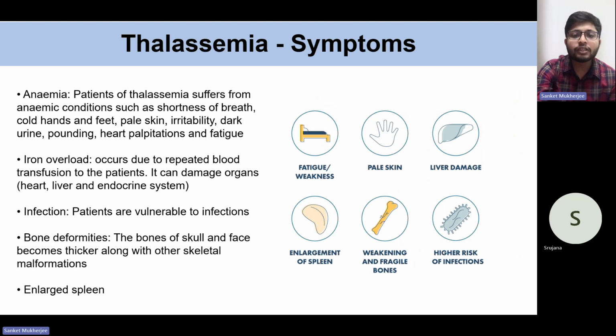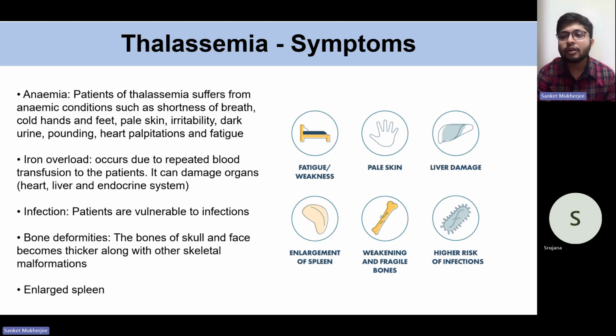Now, regarding the symptoms, it's very clear. It's anemia. So that happens due to loss of red blood cells, as simple as that. So there is shortness of breath, cold hands and feet, pale skin, irritability, dark urine, pounding heart palpitations, and fatigue. There is iron overload that does not happen due to thalassemia alone, but thalassemia patients have to undergo regular blood transfusions.